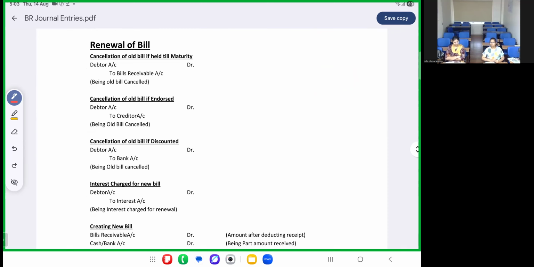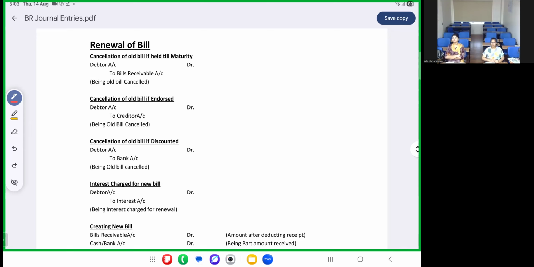So we got to know what the entry is when the sale happens, and while drawing the bill. When we are holding till maturity, no entry. When we are endorsing it, creditor to bills receivable. When we are discounting it, bank and discount charges to bills receivable account. On the maturity date, if we are realizing the amount, bank or cash to bills receivable account. What if we are not realizing the amount?